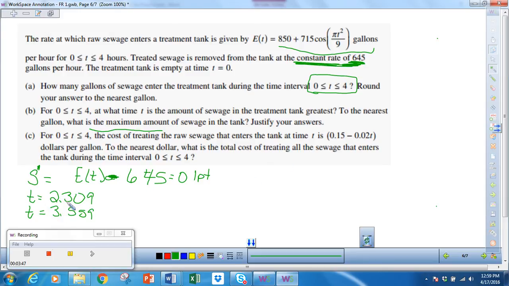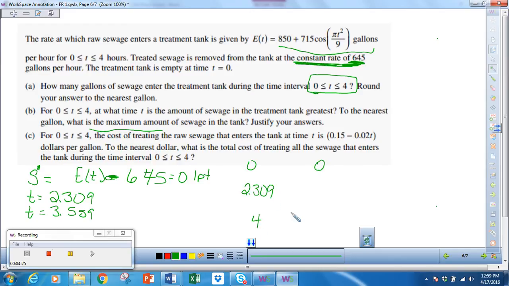If you graph this, you may see that this may be a local min. So you really don't have to consider this one if it's a local min. However, you did have to find it. So because we know that this is a local min, we don't have to do anything when we put it in our table. But if you weren't sure, you could also add it to the table. So I'm just going to do 0, 2.309, and 4.